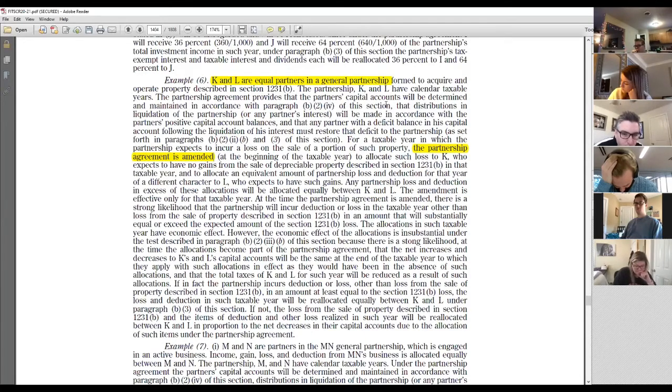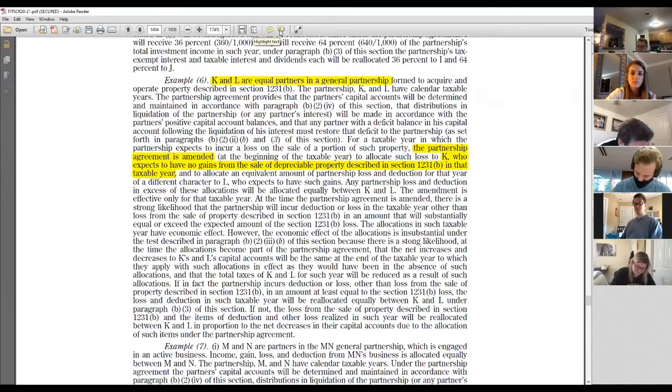Here it says that K expects to have no 1231 gains during the taxable year. So for K, all 1231 losses are going to end up being ordinary losses to K.